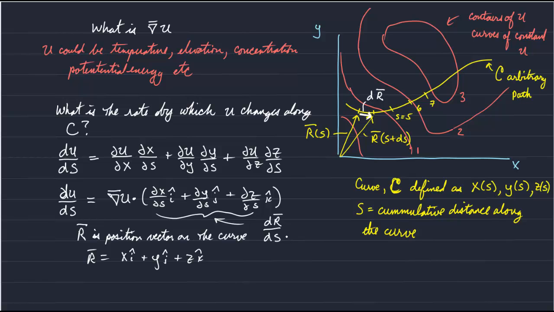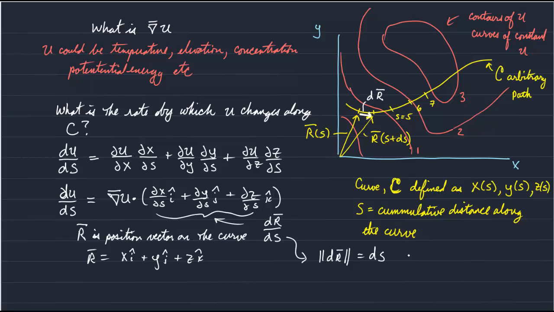And the magnitude of this change in r, the magnitude of vector dr, it's a vector because it's the difference between these two vectors, the magnitude of dr is equal to ds. Okay?